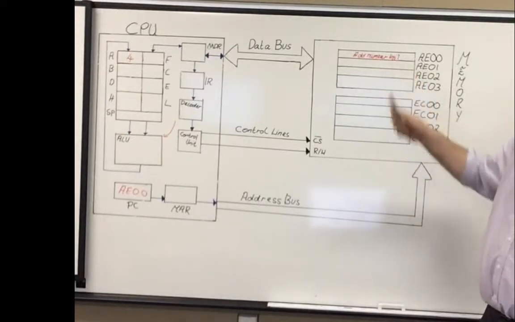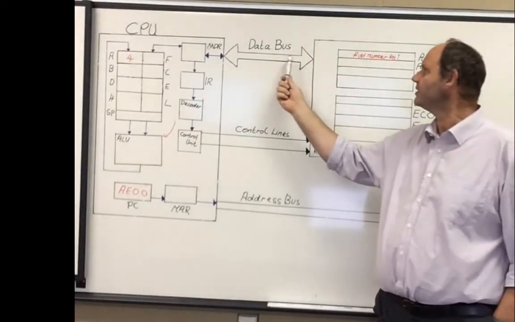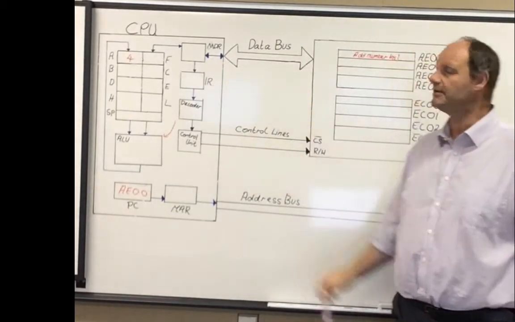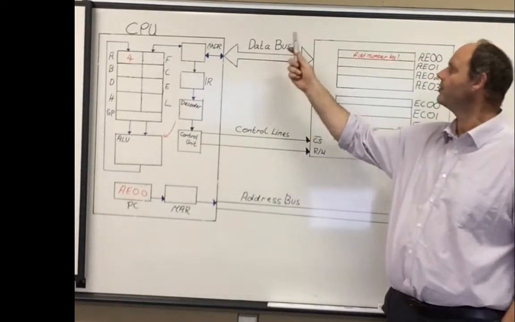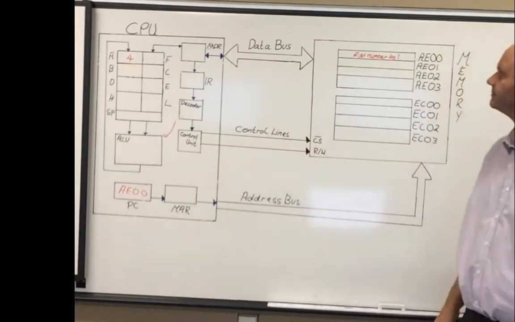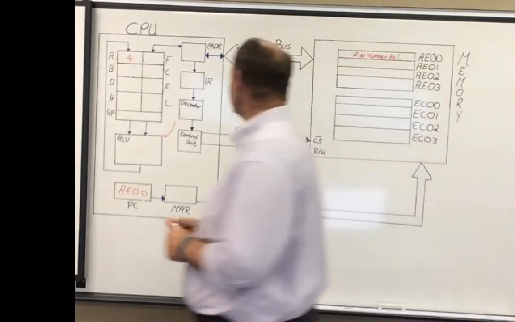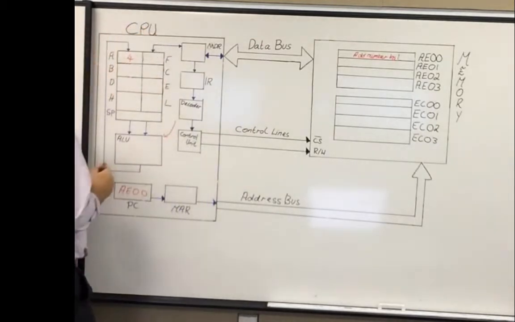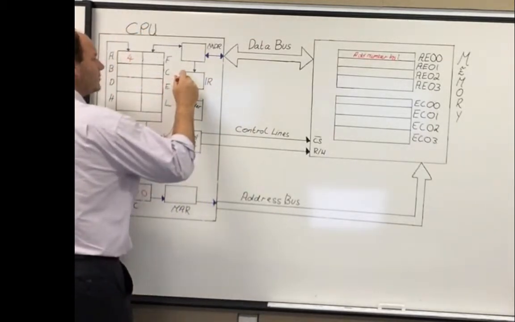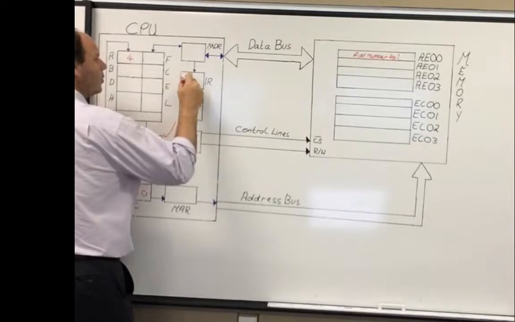That instruction is taken back into the CPU along the data bus, and it is put into the instruction register, which I'm going to call add 1.